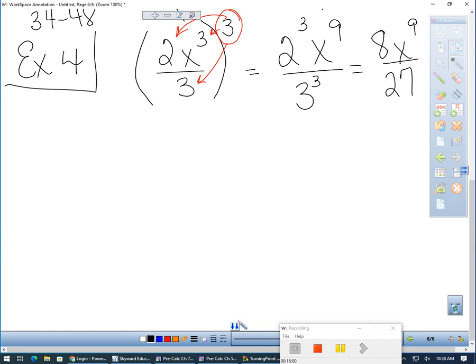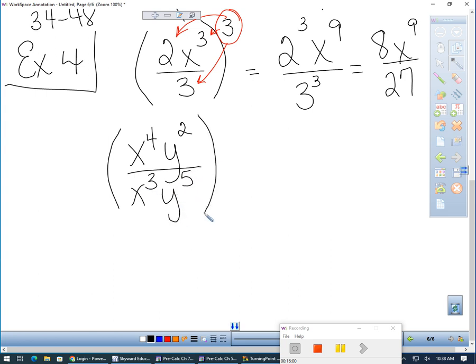Last one then. Let's say I have x to the fourth, y to the second, over x to the third, y to the fifth, all raised to the -2 power.